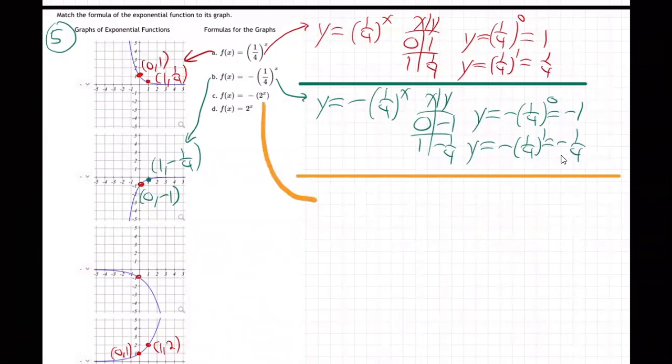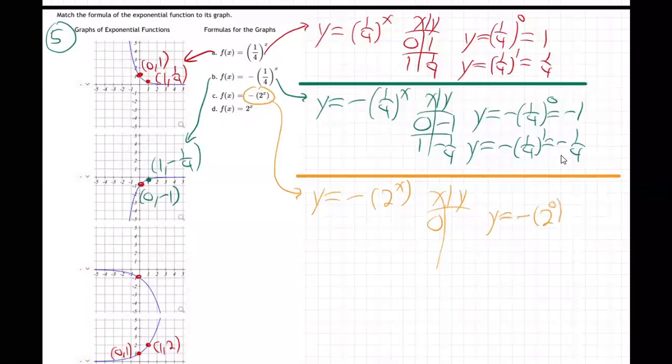Okay, so then part C, which is a little thicker than I wanted. So grab this one and down. So y equals minus 2 to the x. What's going to happen there? Well, xy chart, plug in 0. Y is minus 2 to the 0, which is -1, right?